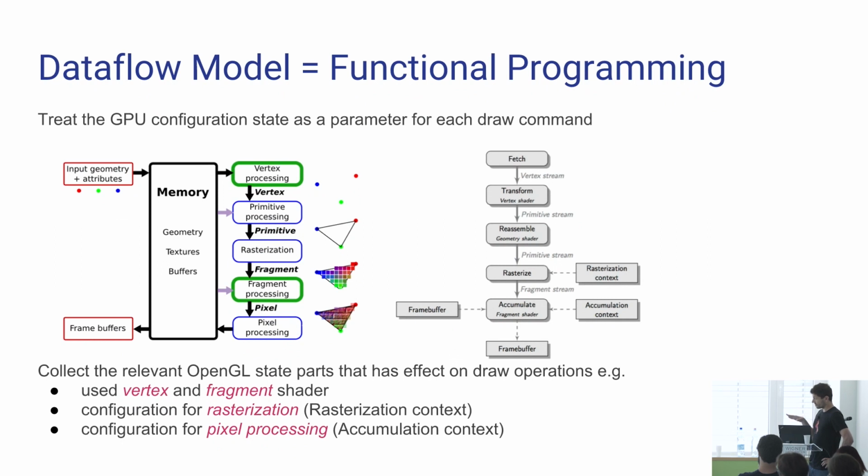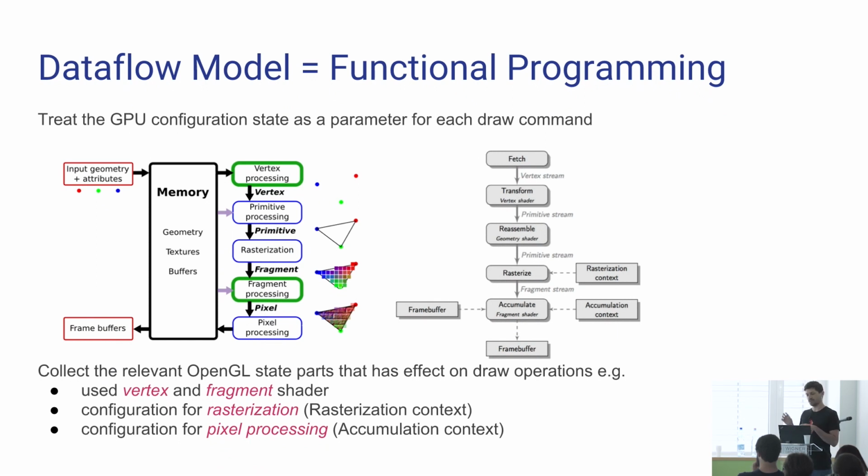One problem which needs to be solved is that the OpenGL API is stateful. The state is the GPU configuration, which describes the enabled features and the buffers. We use a stateful API to alter this configuration, but this configuration essentially is relevant only for certain stages of the pipeline execution.